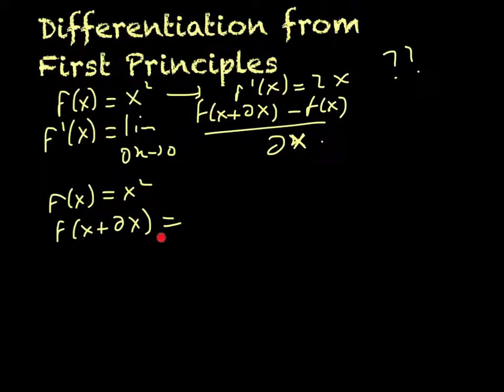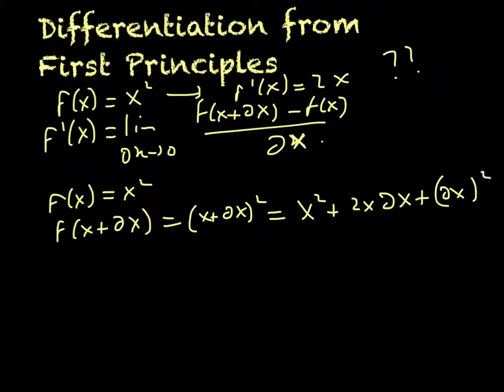If this was f of elephants, I'd have elephant squared. So here I've got x plus delta x all squared, which is the same as, if I multiply that out, x squared plus 2x delta x plus delta x all squared.